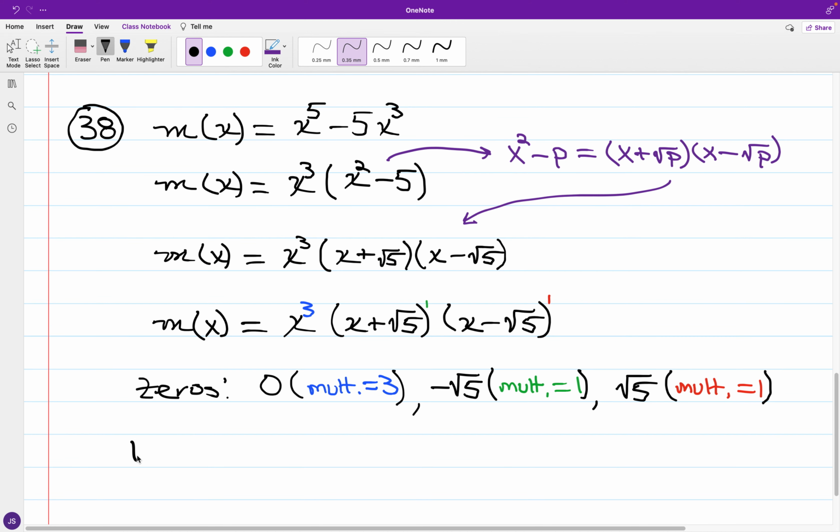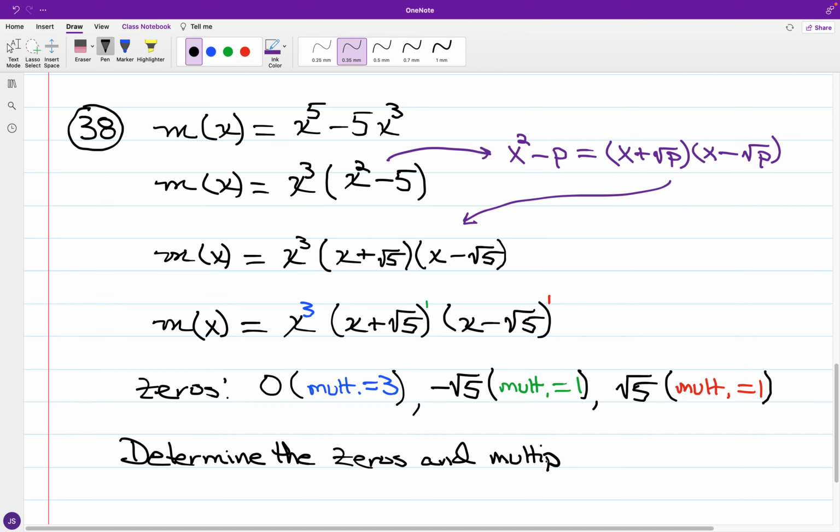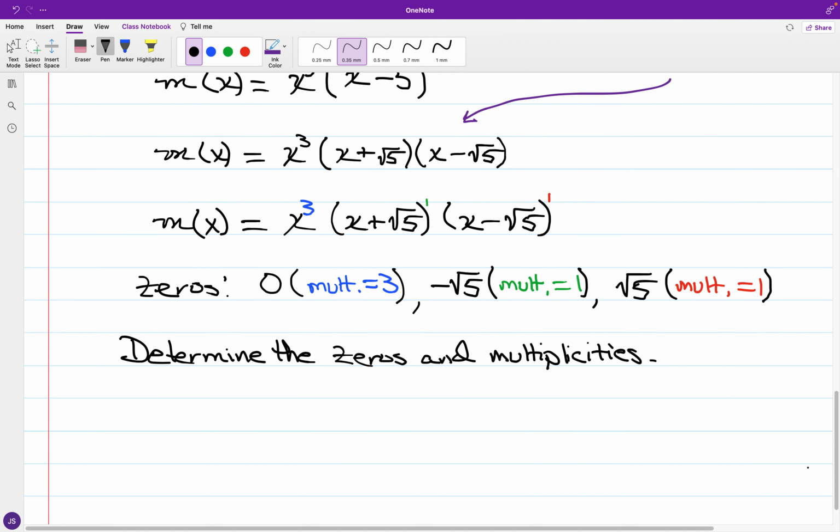I'll tell you what, just for the next few moments, let's say we're looking for the zeros and multiplicities for the following functions. Just a couple of items here.